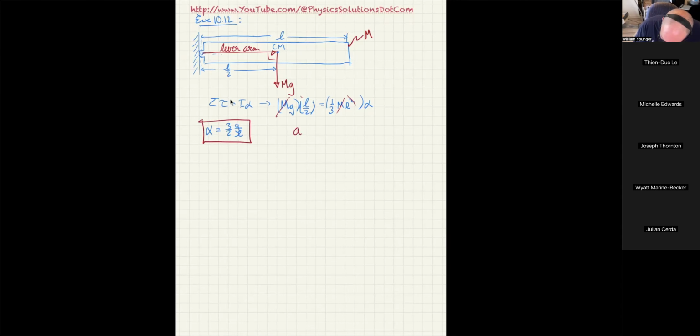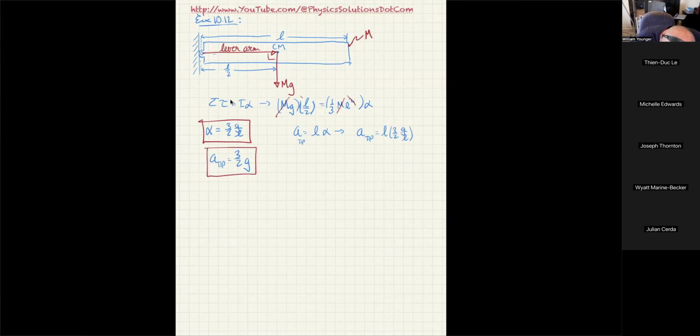We know that A of the tip is equal to L times alpha. So that means that A of the tip is equal to L times 3/2 G over L. You can see that the G cancels out, and we get A tip is equal to 3/2 G.